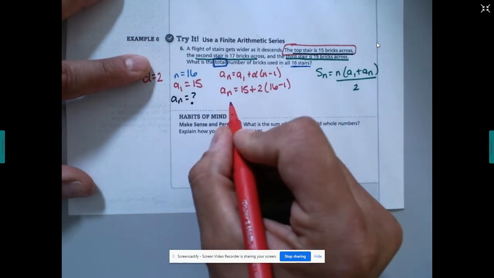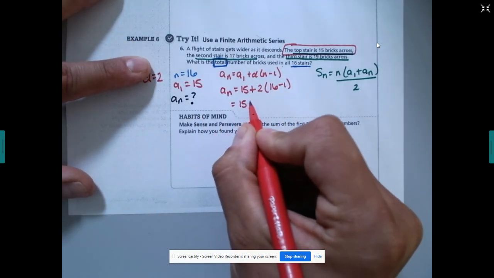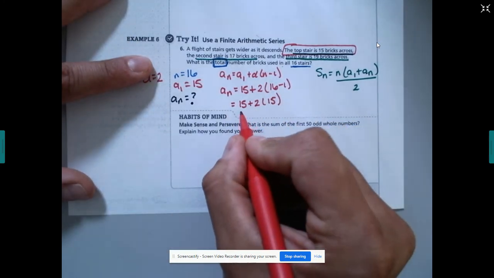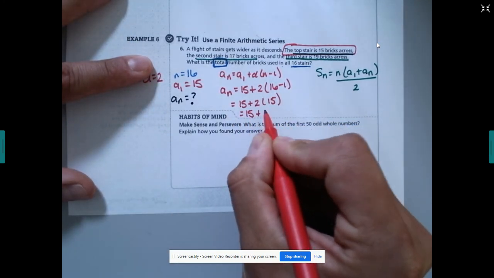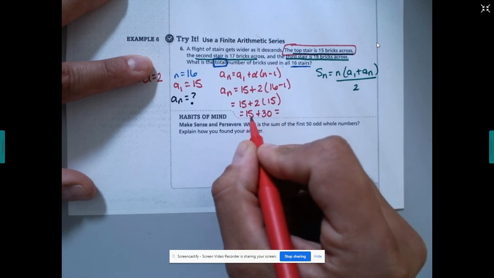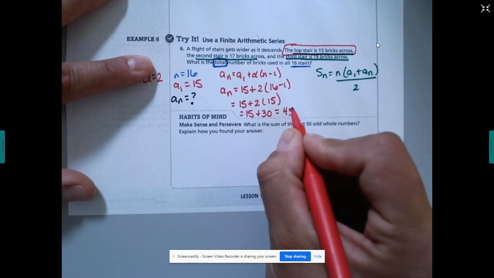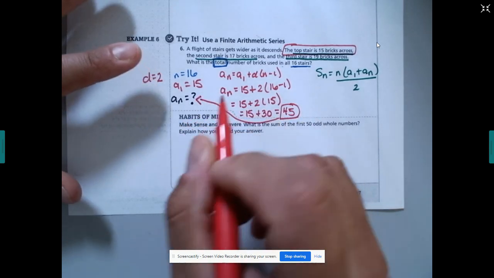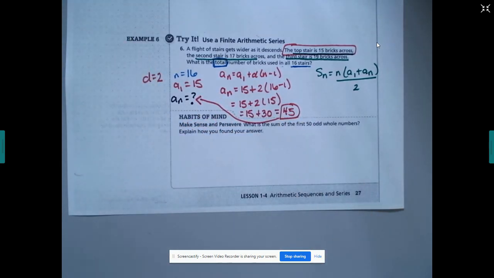And now we just solve this thing. 15 plus 2 times 15. 16 minus 1 is 15. 15 plus 2 times 15 is 30. 15 plus 30, 45. So this number I just figured out, I just figured out that an was 45. Okay?